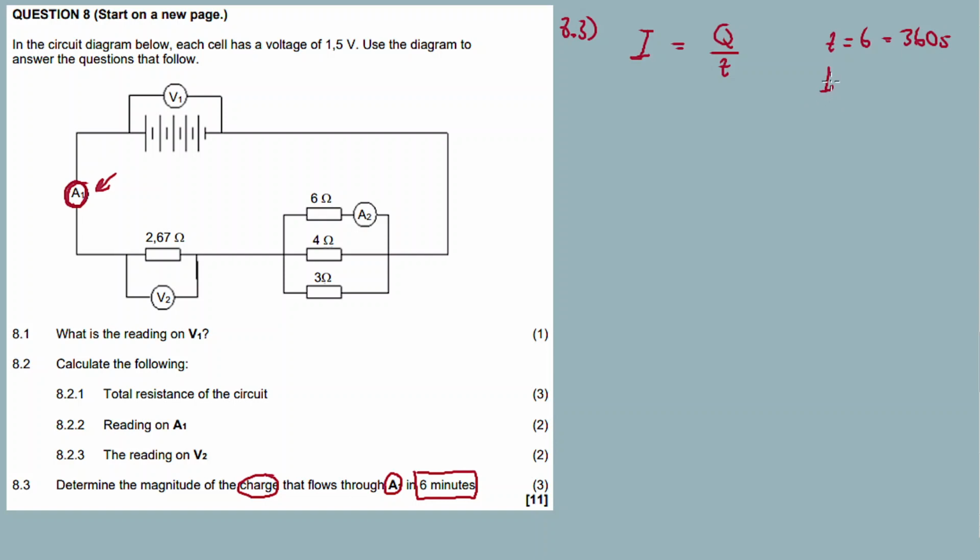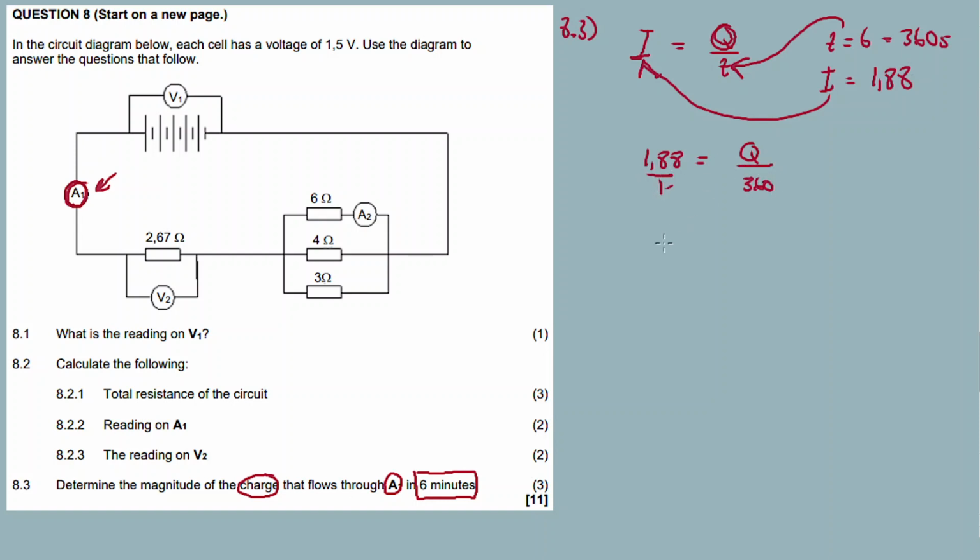I also have the current flowing through A1, which is 1.88. I just need to substitute the time, then I can find Q, the charge flowing through ammeter A1. 1.88 equals Q divided by time, 360.